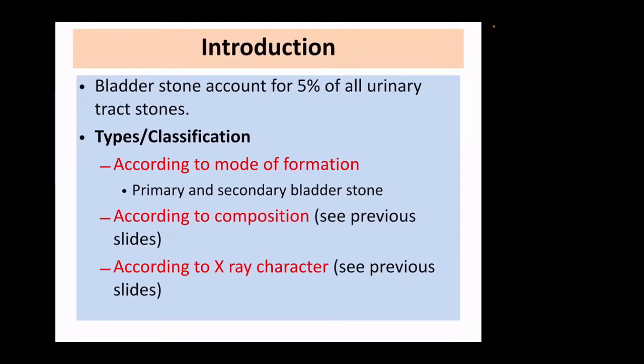X-ray characteristics, some stones are radiopaque, some are radiolucent, exactly the same. The one difference is the mode of formation, how they are formed. The etiology is slightly different than kidney or ureteric stone.